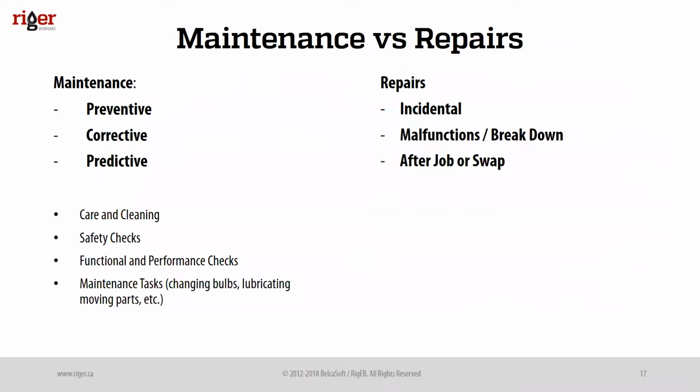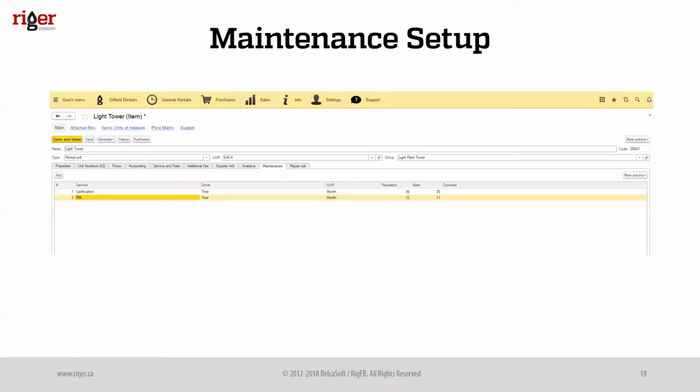Maintenance could be care and cleaning, safety checks, functional performance checks, maintenance tasks like an oil change or something like that. And of course, we need to track different triggers individually for every single unit. It could be a number of hours working, a number of months or something like that.